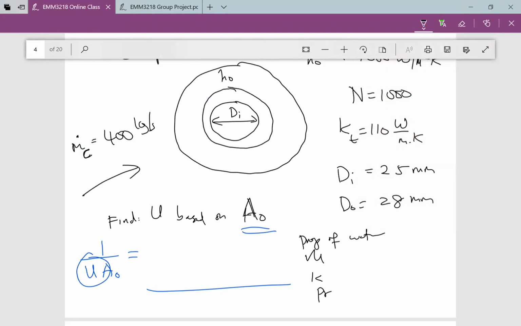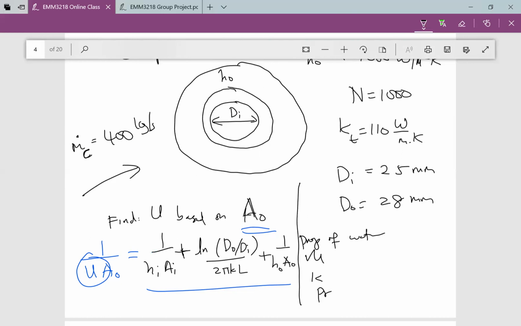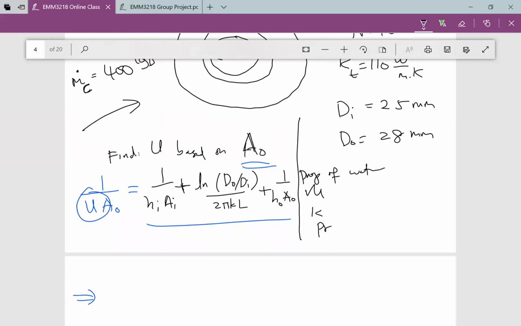That will be 1 over HIAI plus natural log, plus 1 over HOAO, right? So without fouling, only these terms.